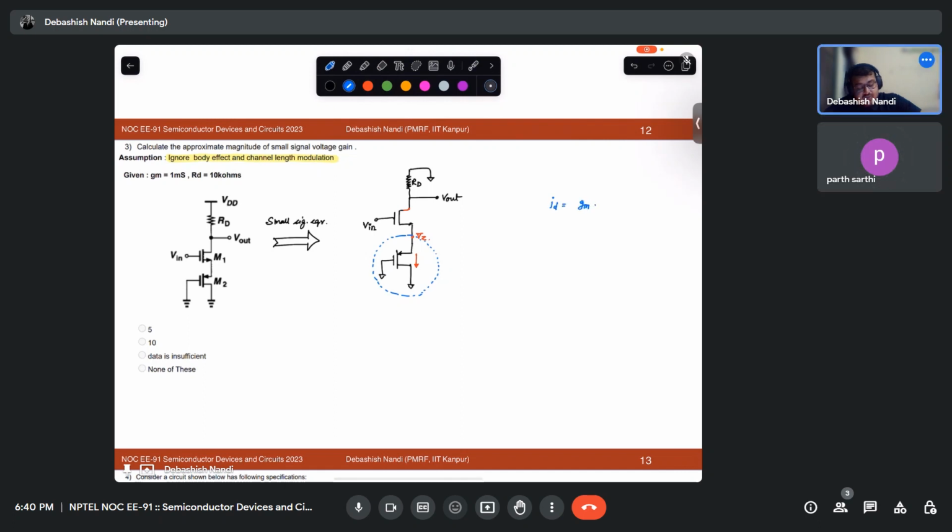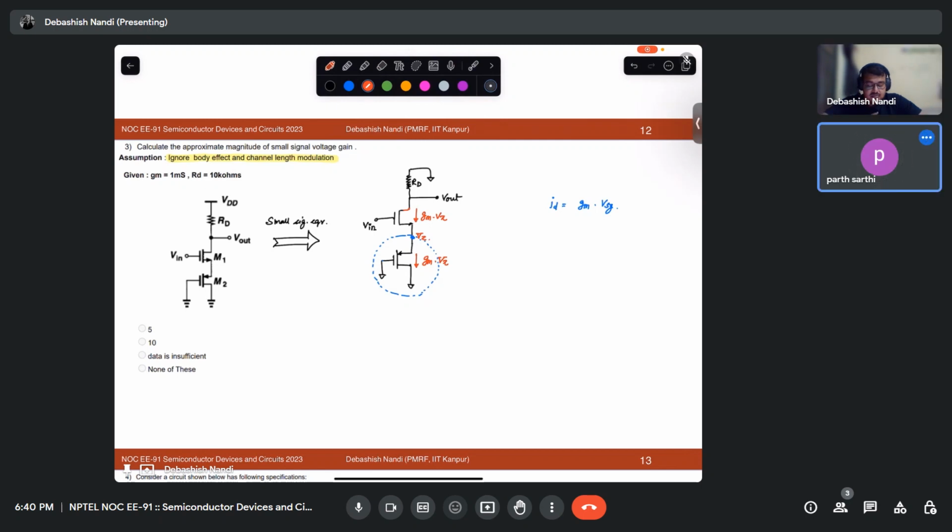GM times VSG. This is my S, and this G is grounded. So what will be the current? GM times Vx. And this is a series combination, so this current will also have to be GM Vx.